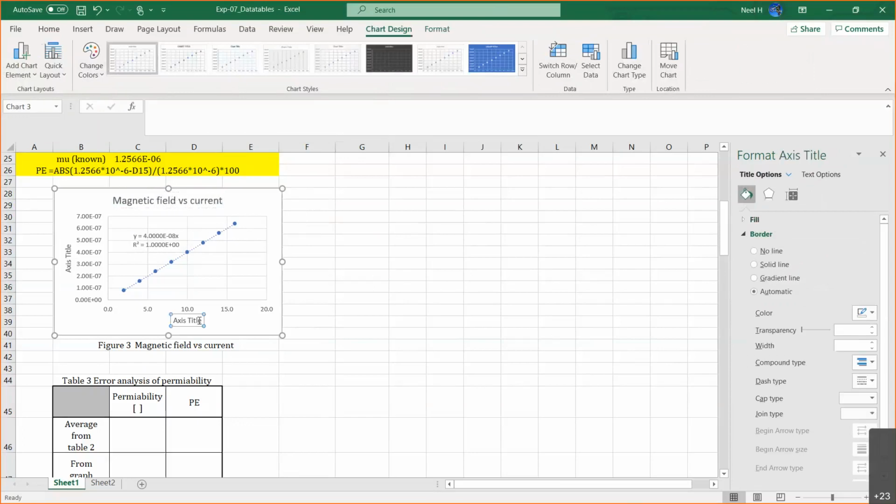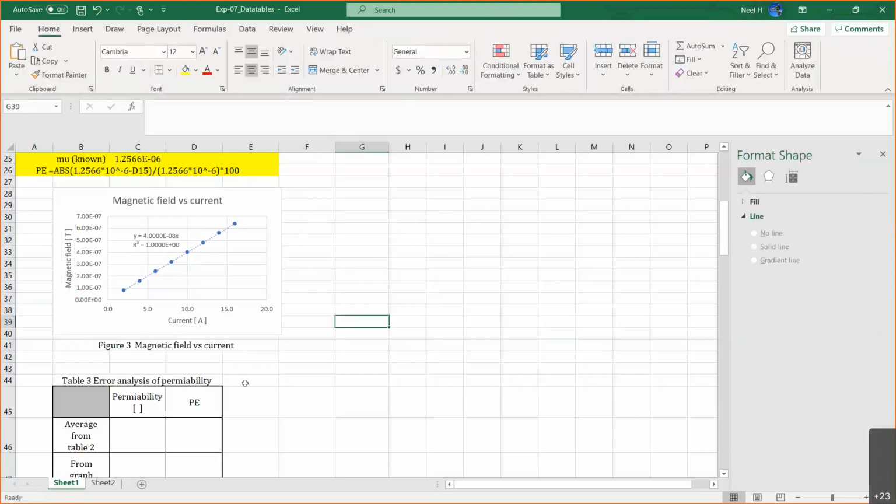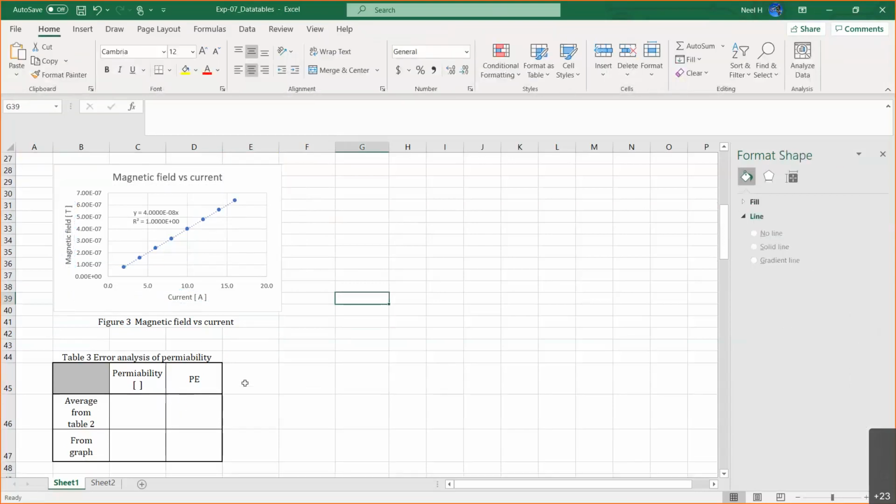And the x-axis is going to be the current, in unit amps, and the y-axis is the magnetic field, unit Tesla.